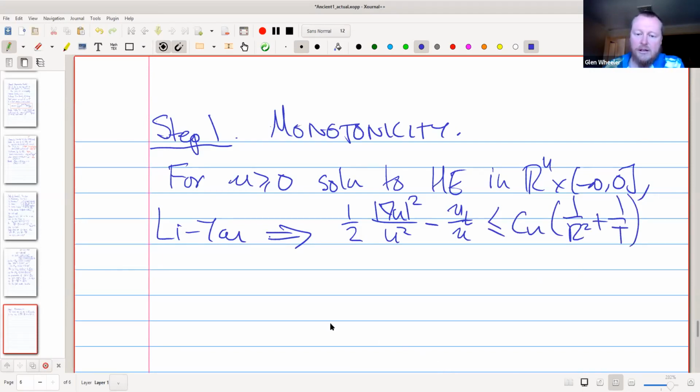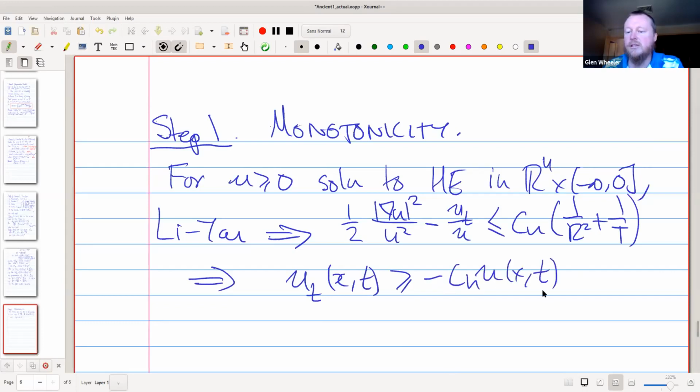All right. So what does this mean? This means that u_t at x and t is going to be bigger than, we throw this term away, minus c_n u(x,t) times 1 over r squared plus 1 over t. But now you see what we can do. This u of x and t is just a number, so it's bounded in particular, and we can take r and t as large as we like.